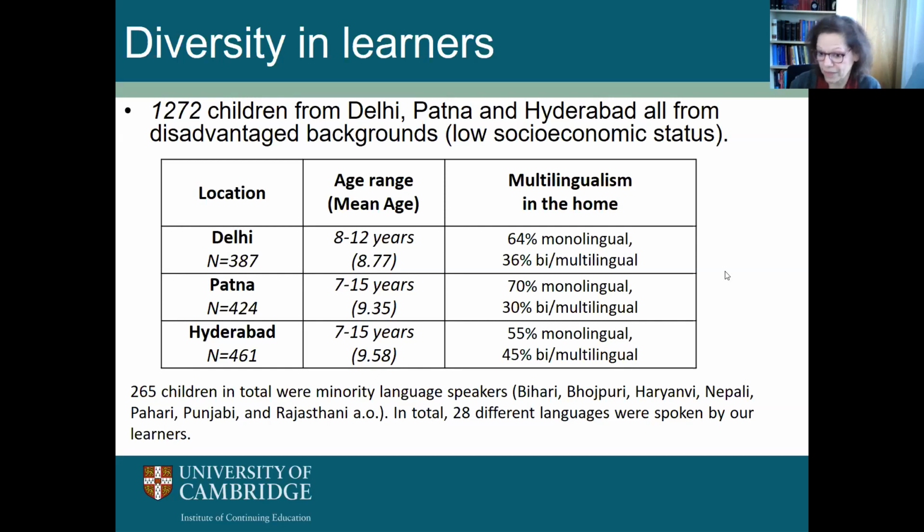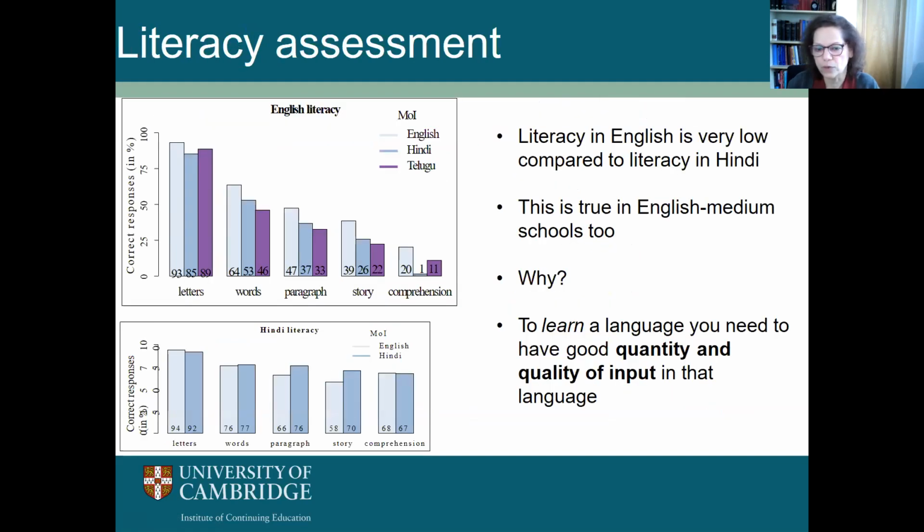As you can see here, in all 3 sites we have a good number of bilingual and multilingual children. Some of them, 265 children in this group, were minority language speakers, so they speak a language that is not supported in school. In total we had 28 different languages spoken by our learners. So this is what I mean by diversity, at least from the perspective of first language.